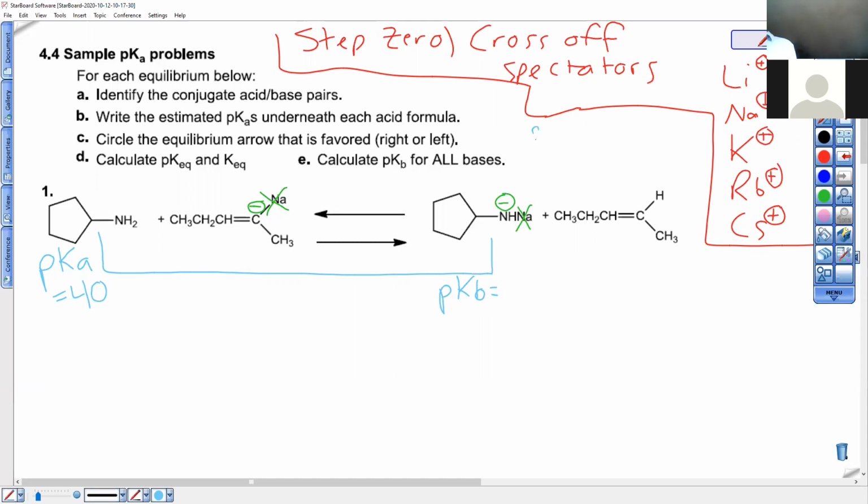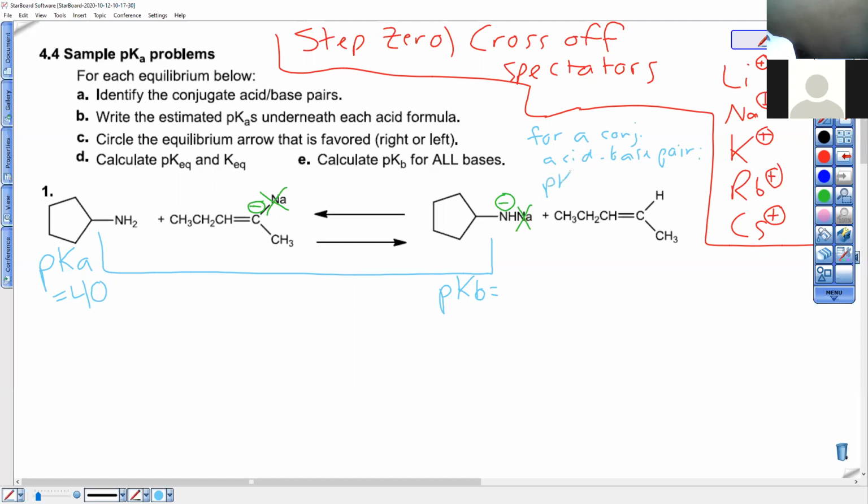This is a looking ahead for us. For a conjugate acid base pair, this only works for a conjugate acid base pair.